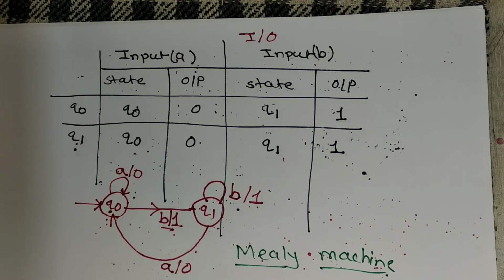Then after that, calculate the lambda dash for each and every state, for each and every input. After that, write down the transition function for the Mealy machine, and from that transition function you have to draw the Mealy machine. It would be the last step. Hope you will understand it. Thank you so much.